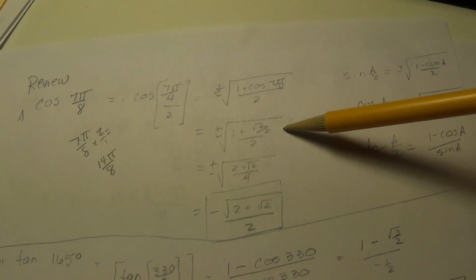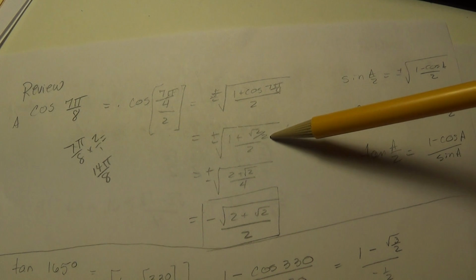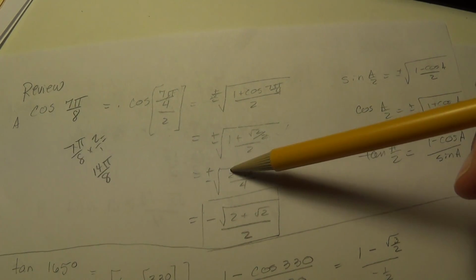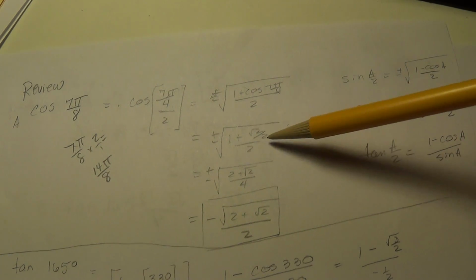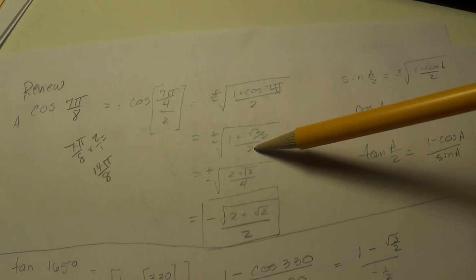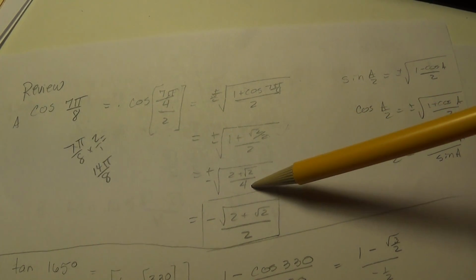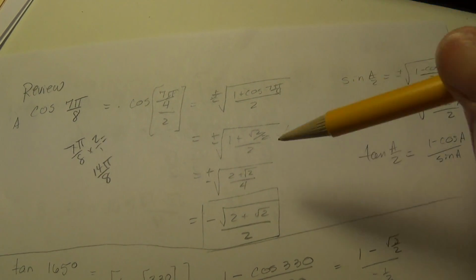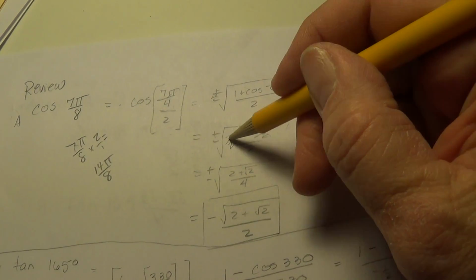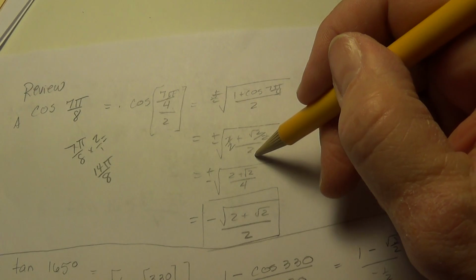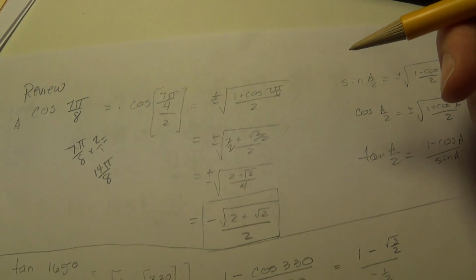When you get to here, give this the common denominator in the numerator of 2. It becomes 2 over 2, which I write 2 plus square root of 2 over the common 2. And then I already divided the 2 by 2. What I say, this is 2 over 2 and over 2, which ends up being 2 plus square root of 2 over 4.